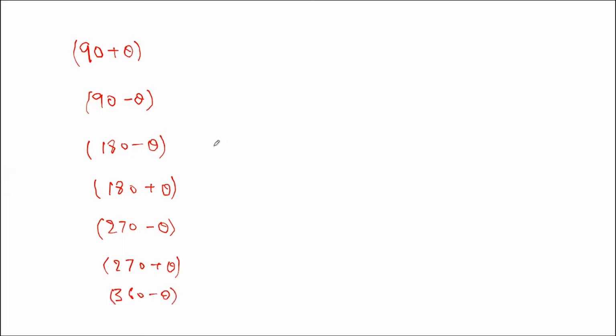So we have to remember this: if we want to go for 90 plus theta or 90 minus theta, this is sine, right? For sine of 90 plus theta, if we have to deal with 90 plus or minus theta, or an odd multiple of 90, right? 90 means pi by 2.